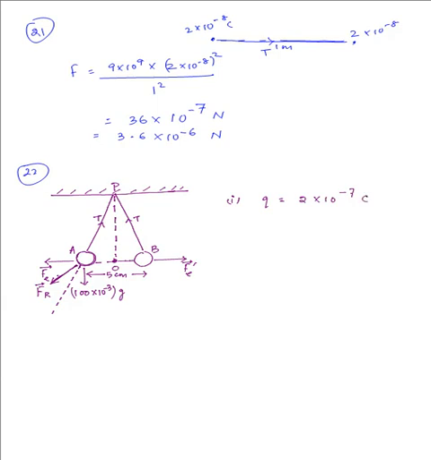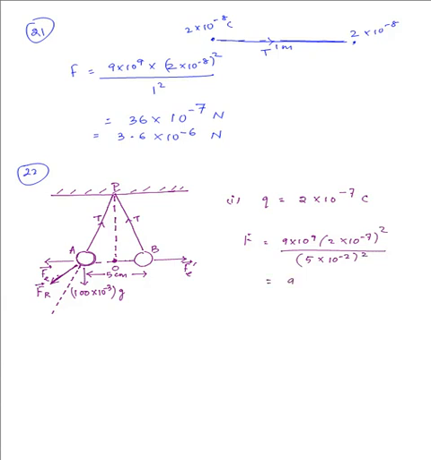And if we are to consider the force acting between them, then the force will be equal to 9 times 10 raised to power 9, times 2 times 10 raised to power minus 7 squared, over the distance here being 5 centimeters, so 5 times 10 raised to power minus 2 to convert it into meters, and that is squared once again.